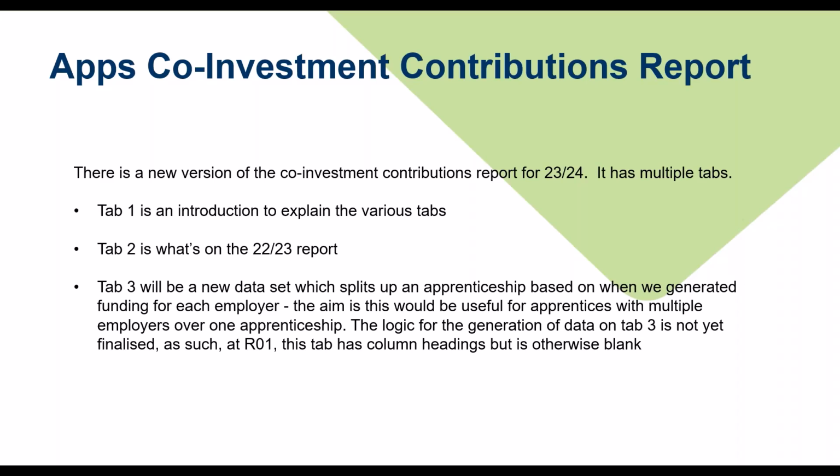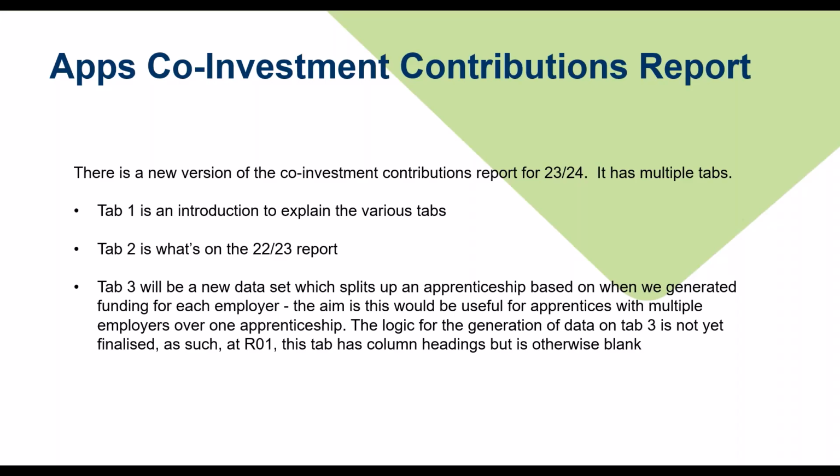May as well add, in 22-23, you may have noticed there were two versions of the co-investment contributions report, one labeled as beta. These were effectively identical versions, but the reason is related to the development activity that's going to happen in 23-24.